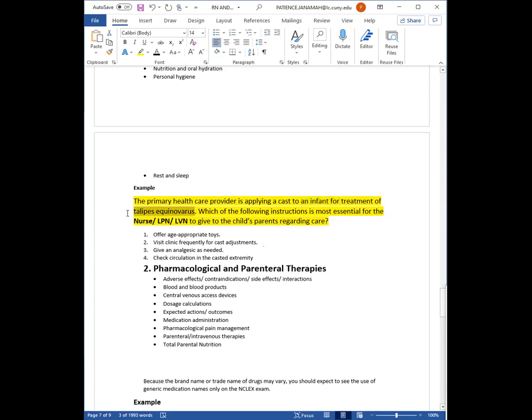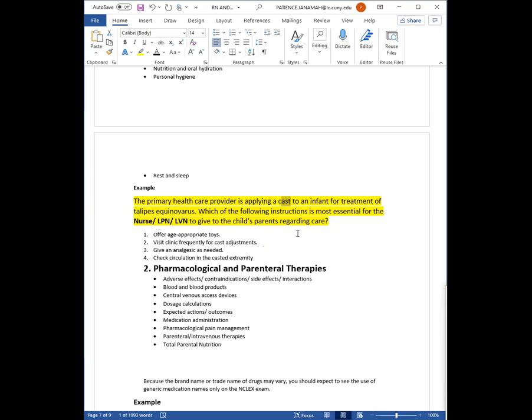Do we know what it is? And does it make a big impact on this question? Does it affect what you're teaching the mother if the child has a cast and is an infant? Patience, is it a malformation of the feet, right?